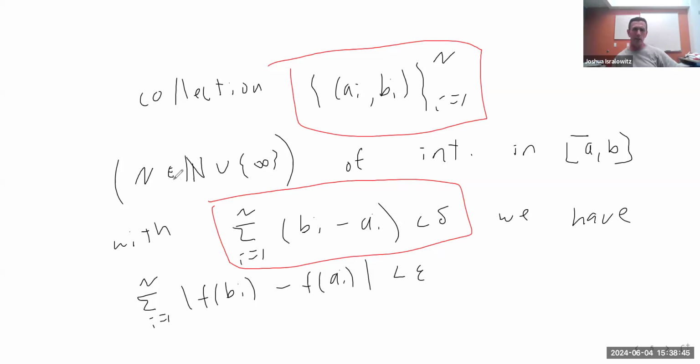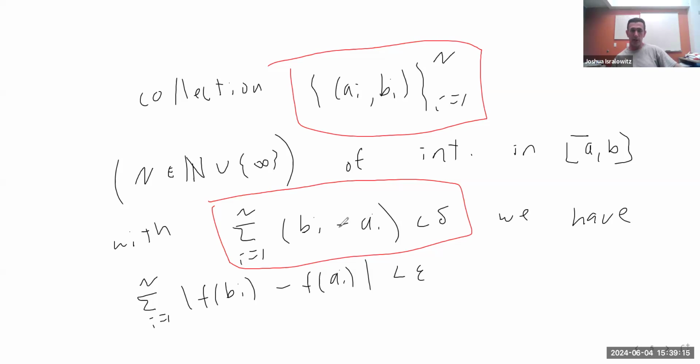In particular, when n equals 1, absolute continuity implies regular continuity. That's just saying if you have any a to b where b minus a is less than delta, then for small enough delta, the absolute value of f of b minus f of a is small, just for one single interval.